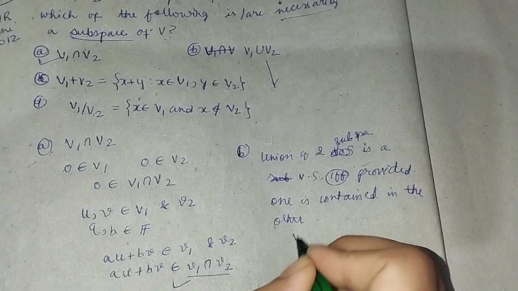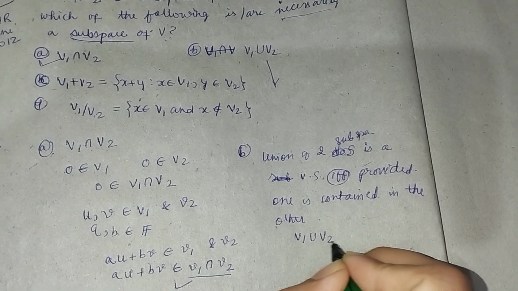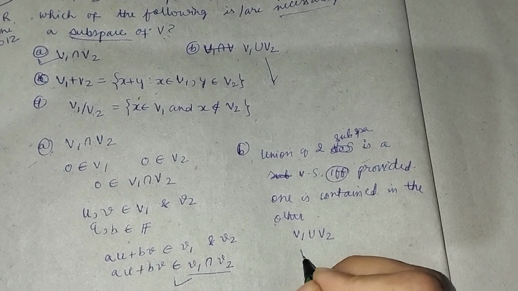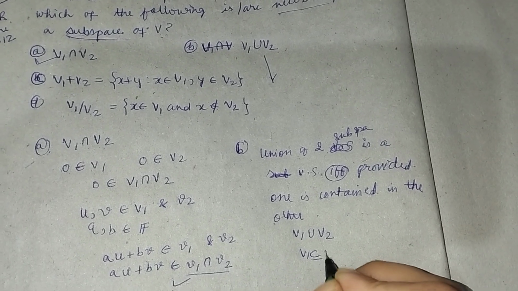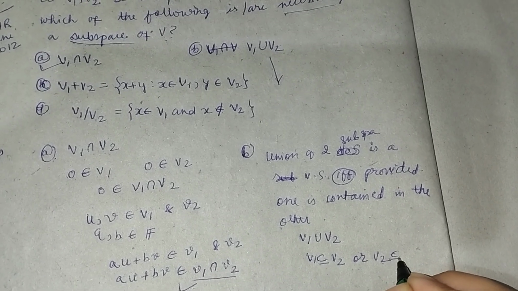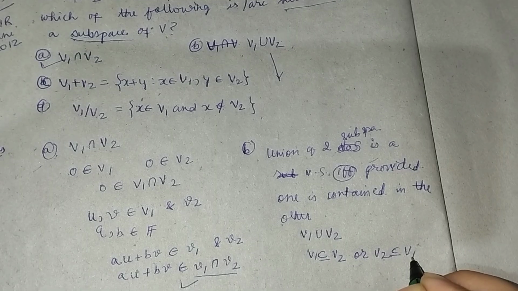It means V1 union V2 is valid if and only if V1 is contained in V2 or V2 is contained in V1.